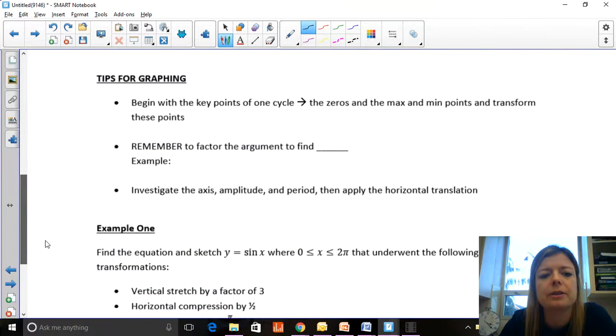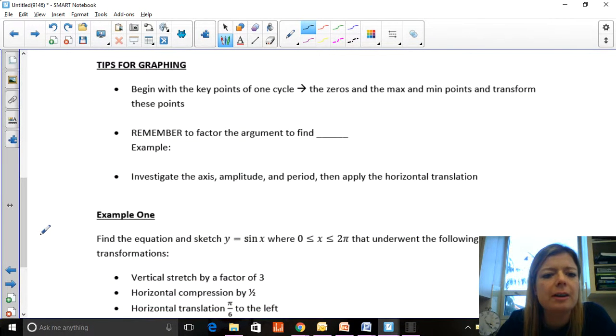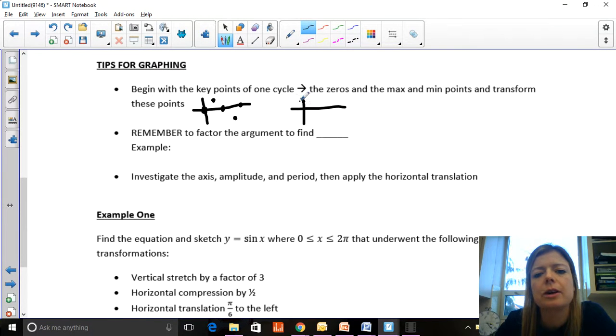Okay, so that's important. Some tips for graphing. Begin with the key points of one cycle, so the zeros and the max and min points, and then just transform those points. If you're starting with sine, just start with your 0, up, 0, down, 0. If you're starting with cos, you go max, 0, min, 0, max.